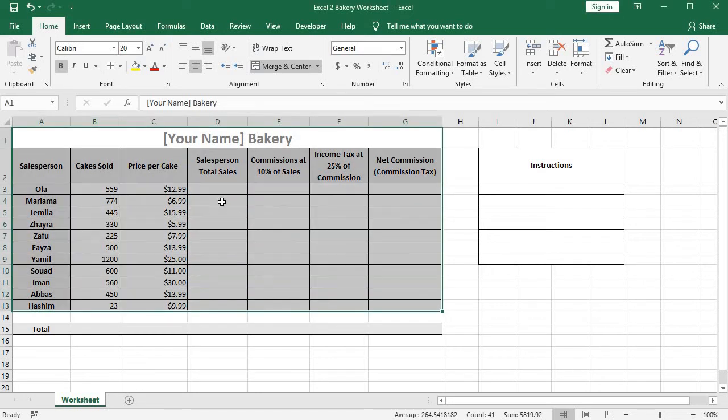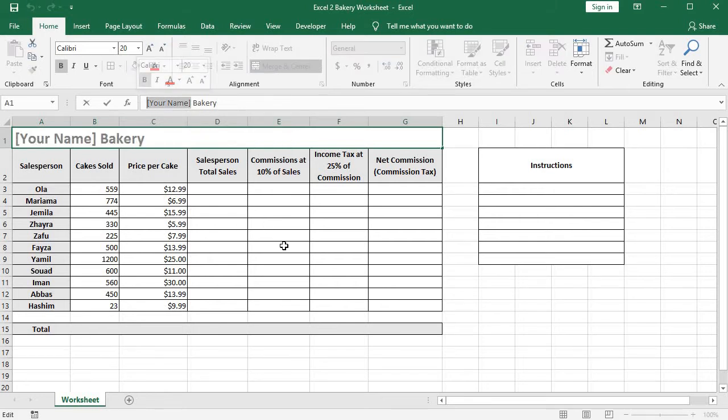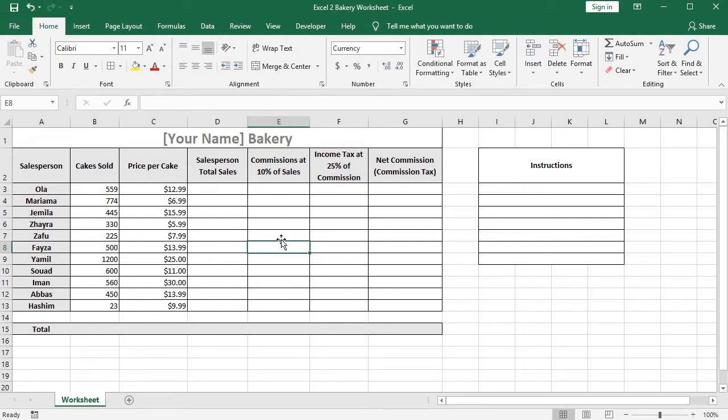So we have an empty Excel spreadsheet, and it looks like we need to calculate the net commission for the salespersons that work at this bakery. And you're going to name this bakery with your name, and you're writing this from the perspective of the business owner, figuring out how much you need to pay your salespeople.